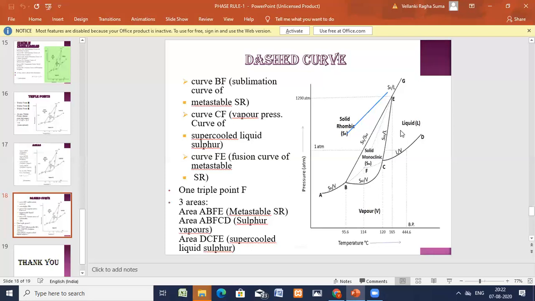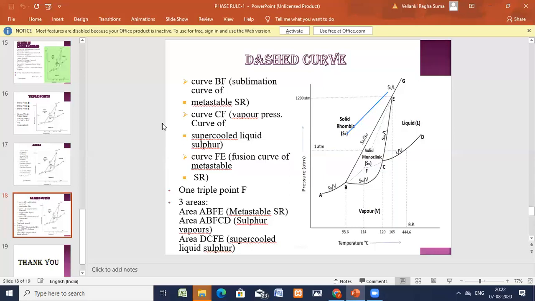On applying the phase rule, we have understood how to study the behavior of this heterogeneous system. It helped in studying the heterogeneous equilibrium of the 4 phases of the sulfur that are in equilibrium.